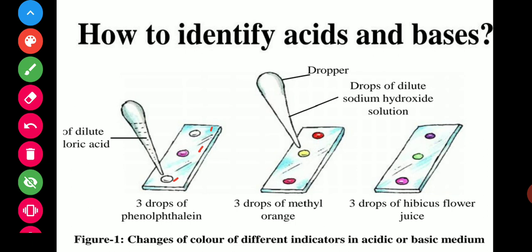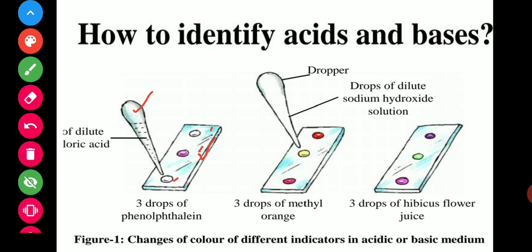First of all, take acid here and drop, with the help of this dropper, phenolphthalein. So it turns to red color. This is red color, so it is acid.